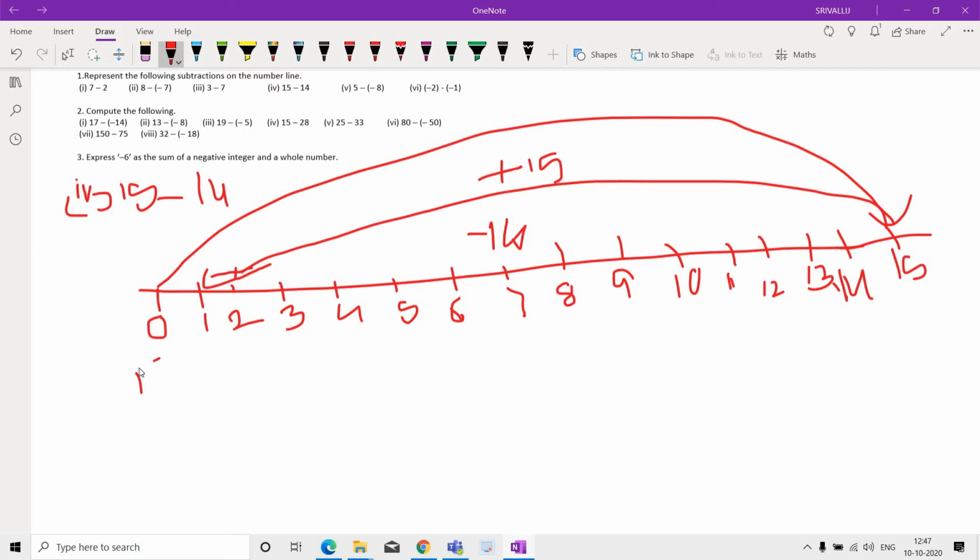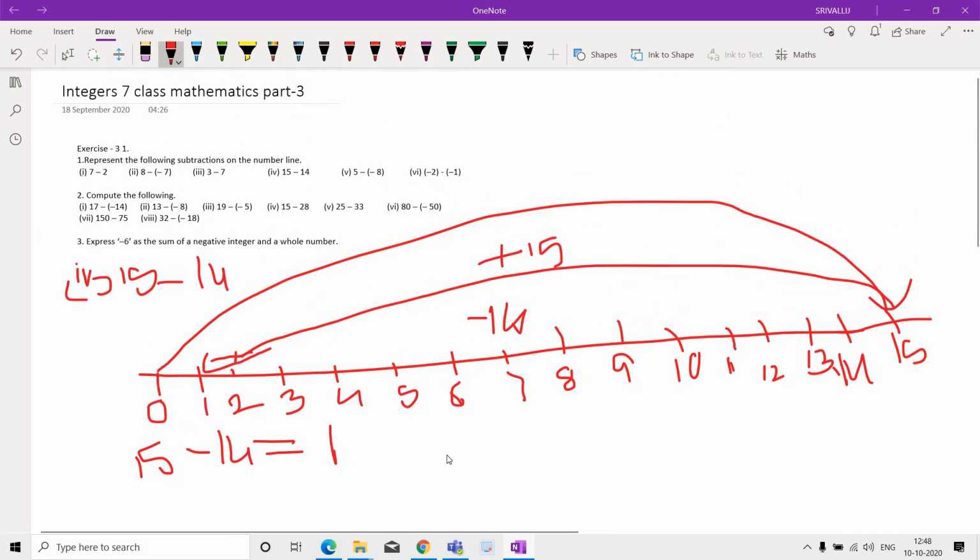So for 15 minus 14, I am getting 1. So by this we can say that 15 minus 14 is 1.